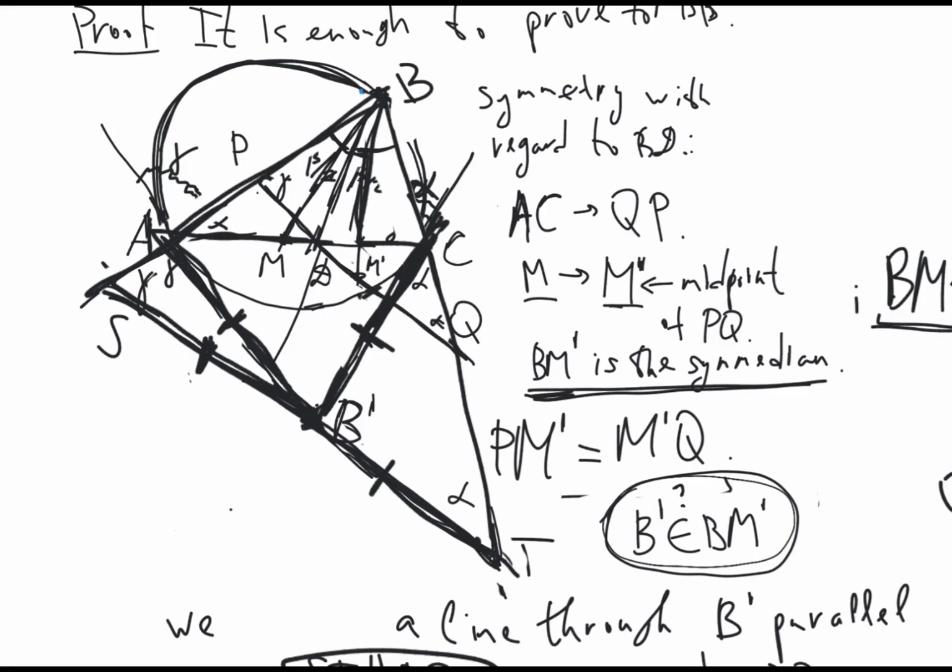Basically, the triangles PBQ and SBT are similar to each other. But not only are they similar, they're homothetic, with center B. When we scale the triangle PBQ, it maps to the triangle SBT.